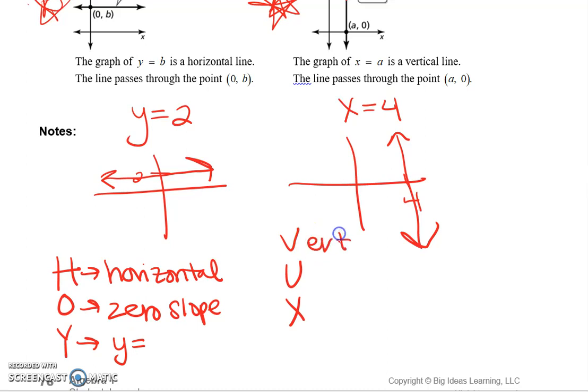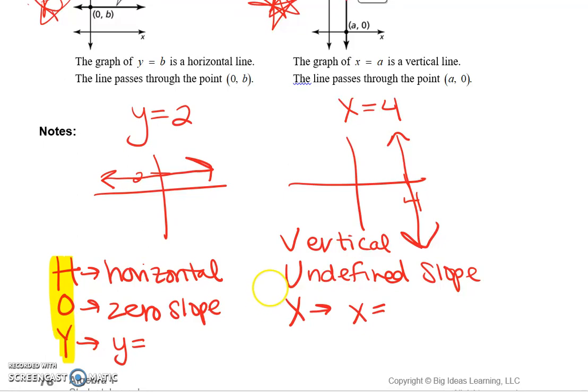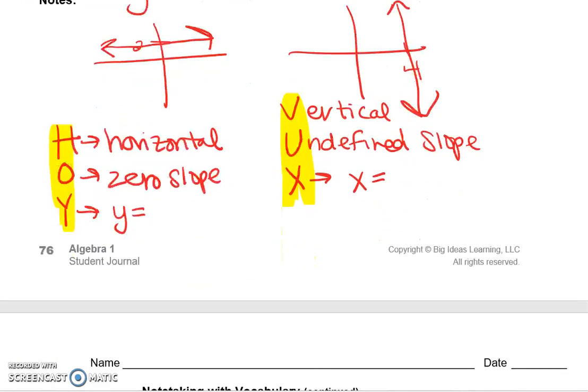VUX is a vertical line. It has an undefined slope. If you remember from last year, the worst curse word in all of math and in algebra is undefined. And that is in the form of x equals. So HOY and VUX, you will hear me refer to these two things a lot. So make sure you have those two phrases memorized.